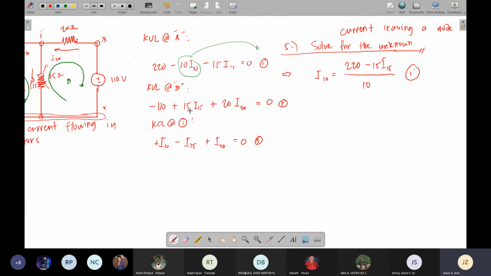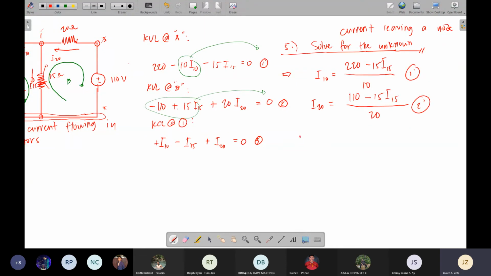Then for this one, I will make this I20 in terms of I15. I20 is equal to 110 minus 15 I15 divided by, since the I20 has 20, we divide by 20. So you will have equation 2 prime.